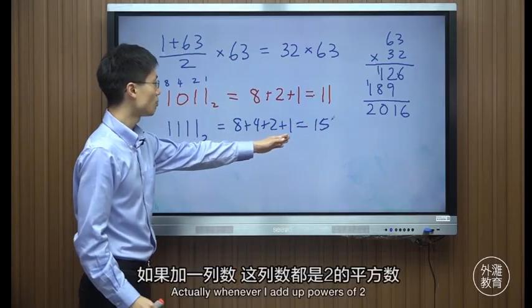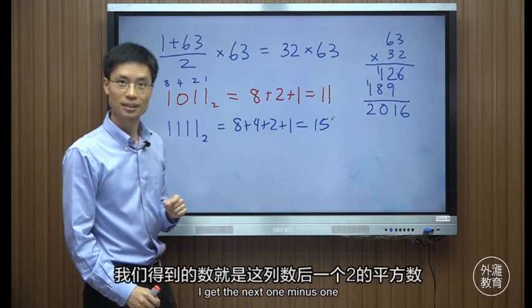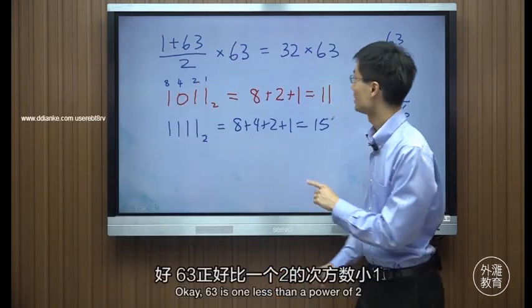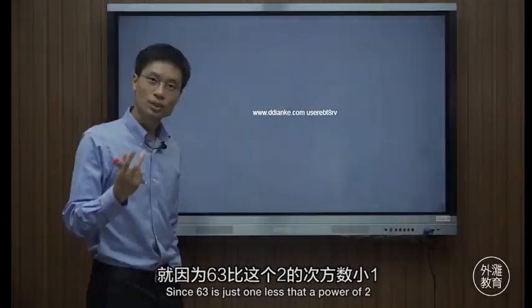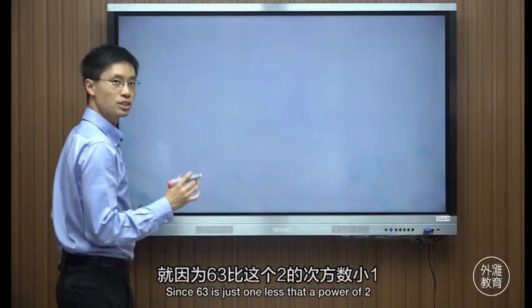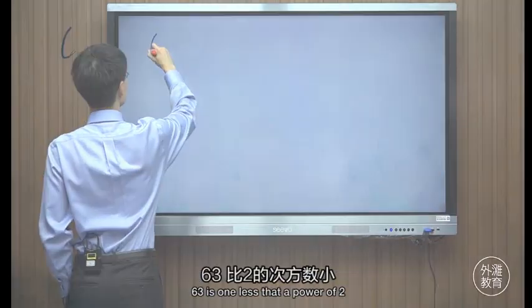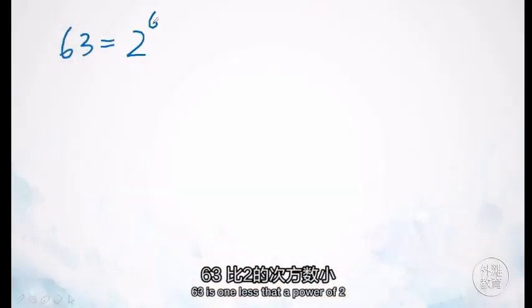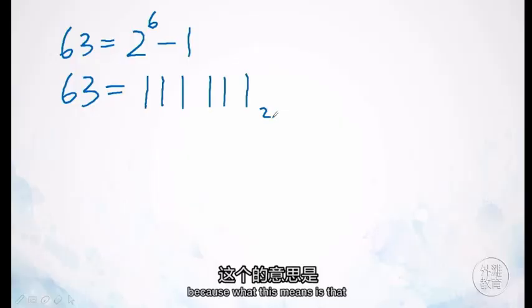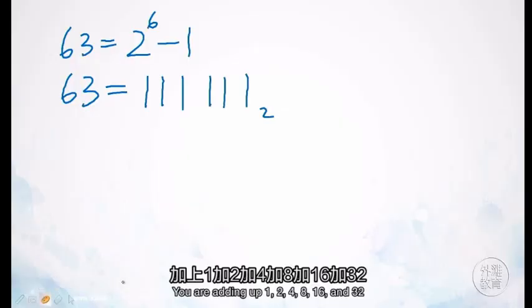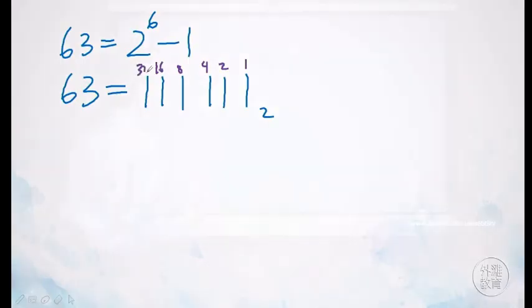Actually, whenever I add up powers of 2, I get the next one, minus 1. 63 is 1 less than a power of 2. This actually means that 63 in binary is 111111 in base 2. Because what this means is that you're adding up 1, 2, 4, 8, 16, and 32.